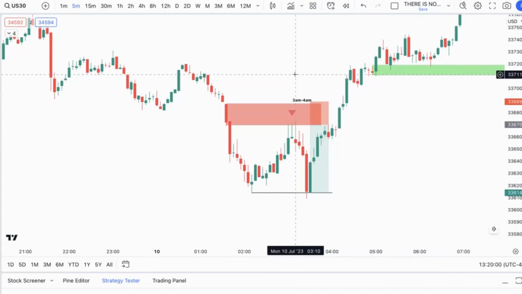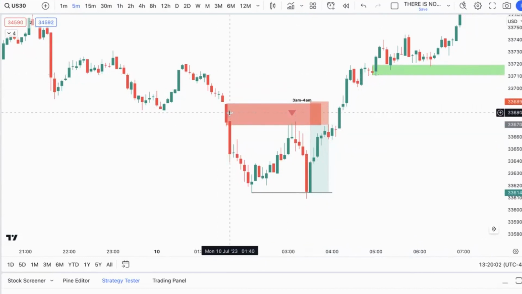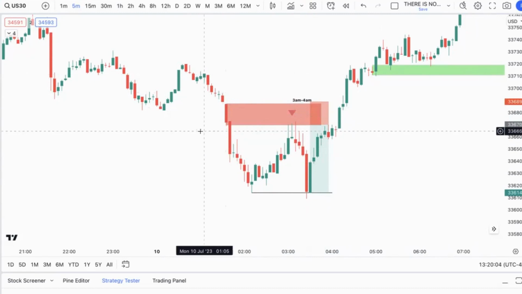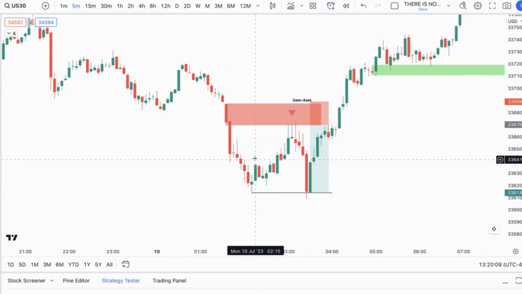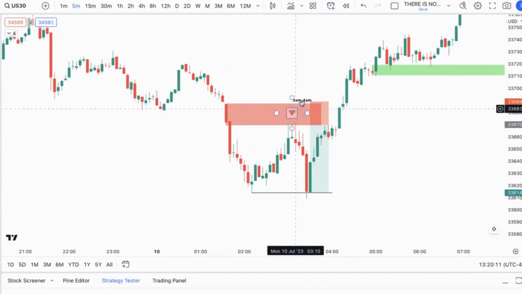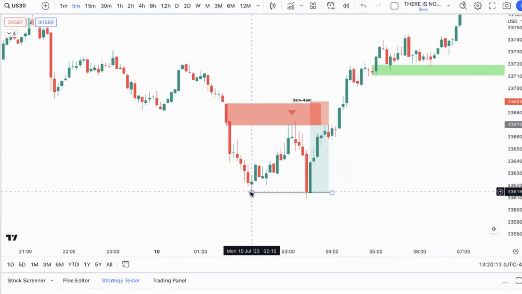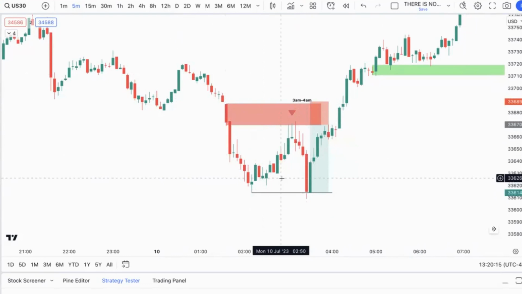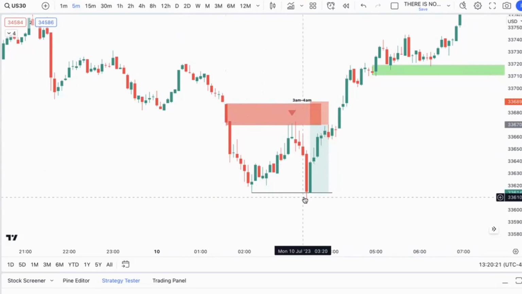So here's a London session opportunity. We have this nice institutional candle. This is the candle around the area that broke structure. And what I was looking for was for price to make its way back into this area and possibly come and take out this low here. And that's exactly what it did. It came up into the candle. Of course, the alert was set, and it was a really easy TP.